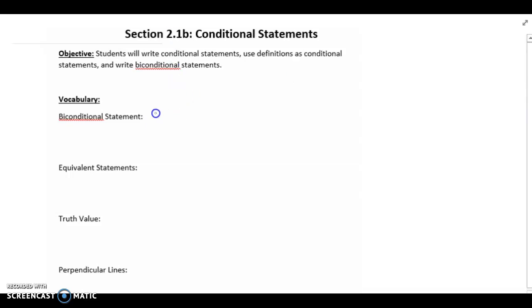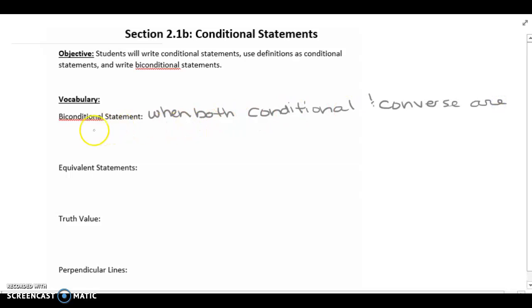Like we said in our foldable, a biconditional statement is what we write when both the conditional and the converse are true. We can combine them as a biconditional statement.